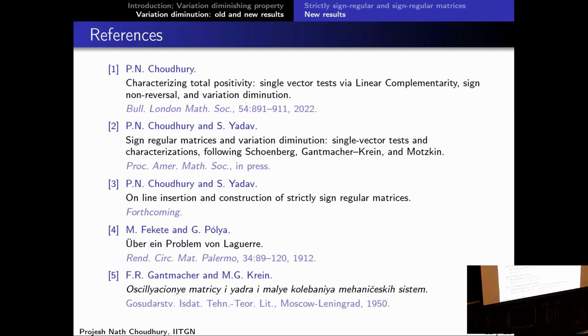If it is TPK, then it satisfies variation diminution for a vector whose number of sign changes is at most k minus 1.